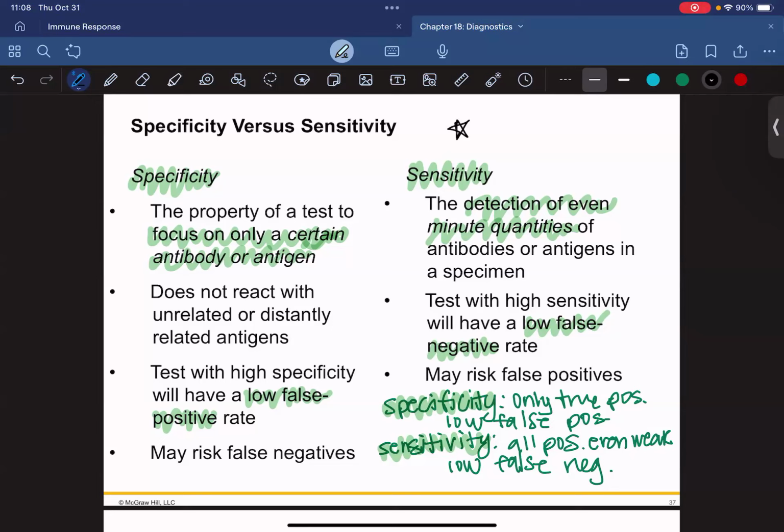If you're specific, you wouldn't do that. That's against your religion. So if you're very specific, you're not going to want to see anything as positive when it's not. If you're sensitive, you're going to make sure you get all of the positives so you won't call something negative accidentally. So low false negative on those.